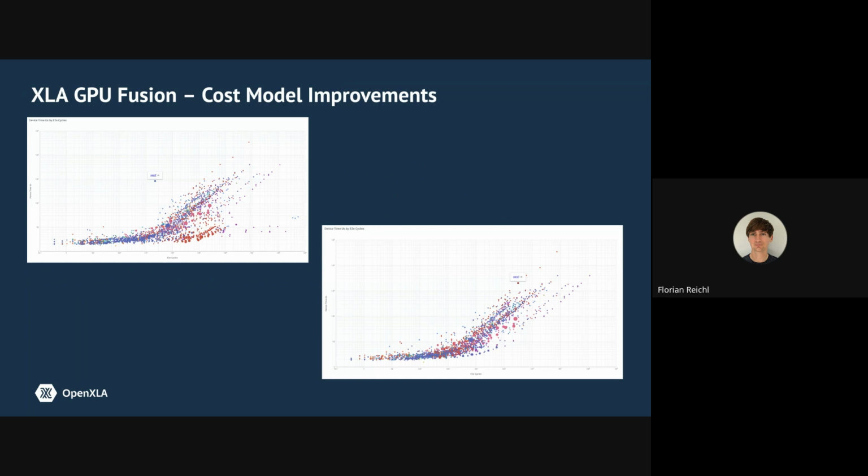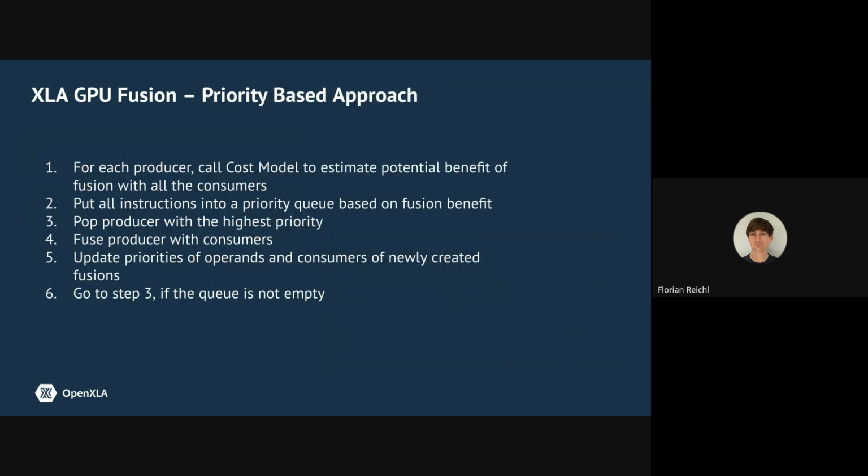And then the other one is, as I said, this priority-based fusion approach. You can read the RFC, so I don't want to spend all the time on this, but essentially the idea is you start with your graph of HLO operations, and then for every pair of HLOs, you predict the benefit of fusing them into a fused HLO using this cost model.